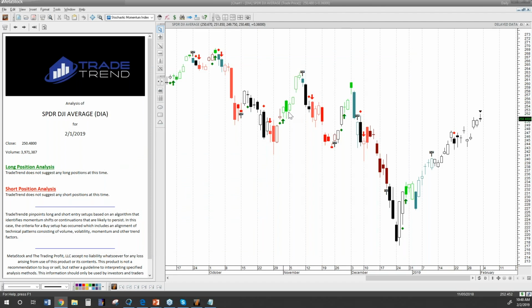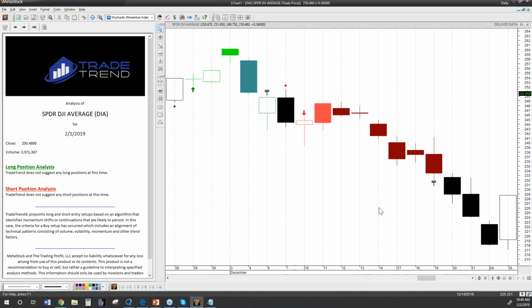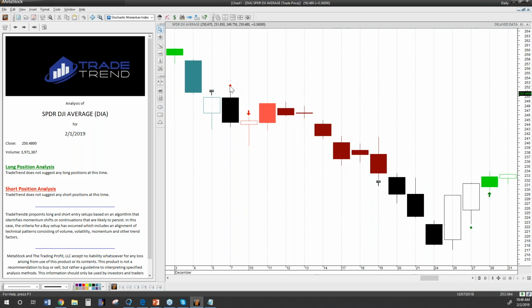And let me just explain exactly what the color codes mean and how you can read this. So this is the Dow Industrial Average. I'll narrow into this particular area of the chart just so we can walk through what all of the different signals mean. And you'll see right here, you've got a setup. That'll show up on the chart.